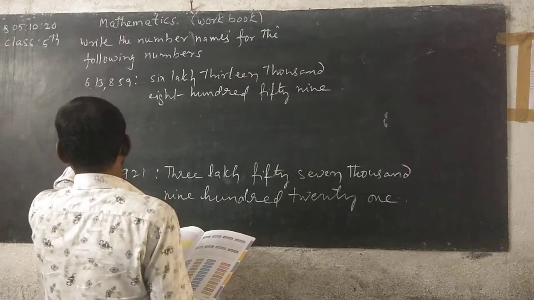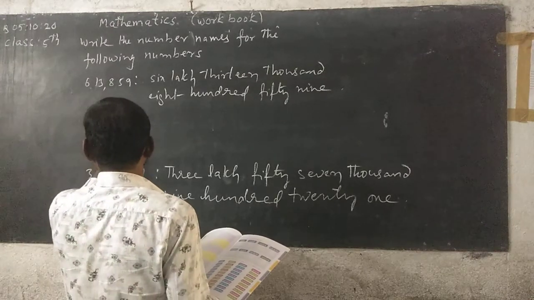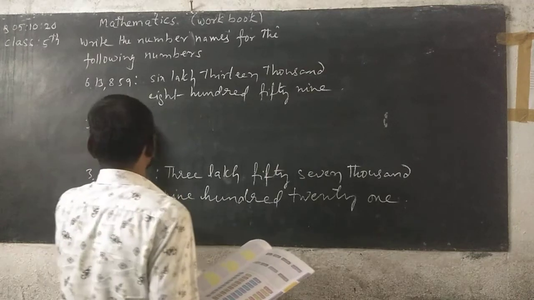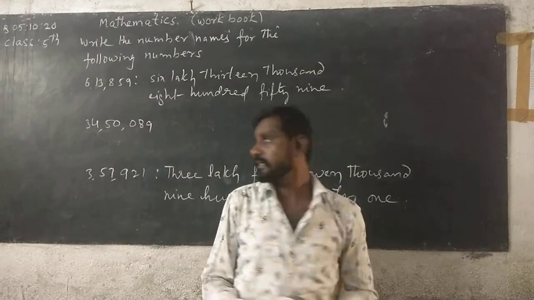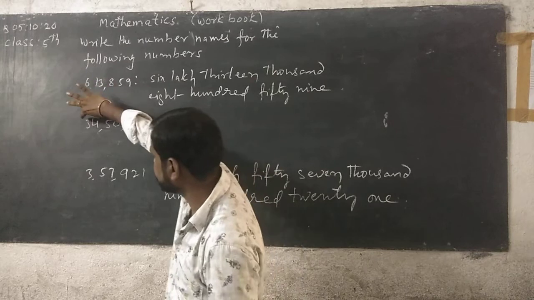What is this? 34,50,089. See, it has three periods. This is ones period, this is thousands period, and this is lakhs period.